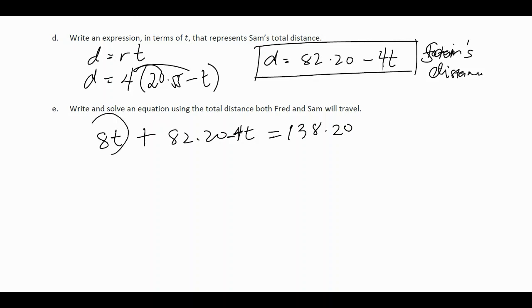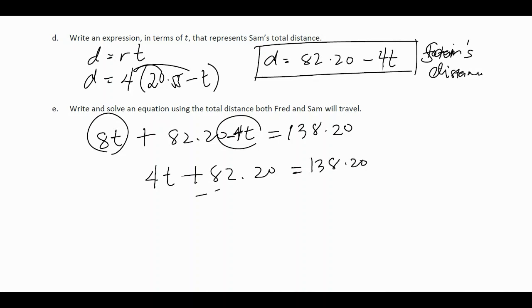So we can combine 8t and negative 4t, which is going to be 4t plus 82.20 is equal to 138.20. Next, we subtract both sides by 82.20.